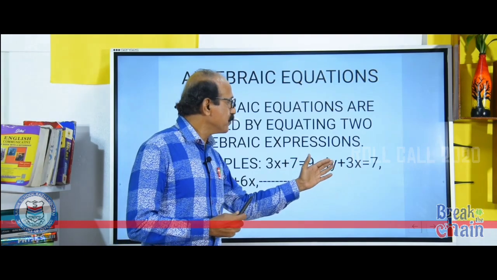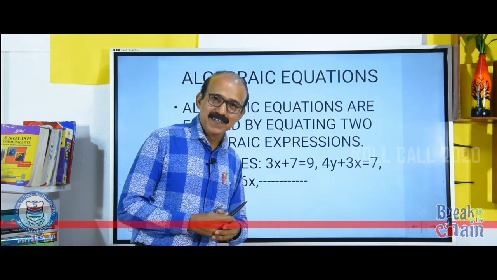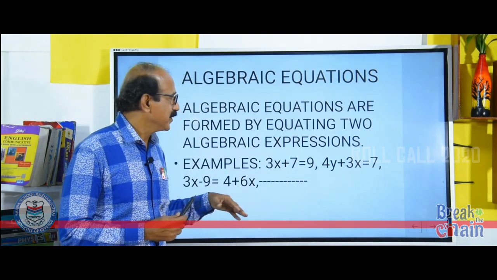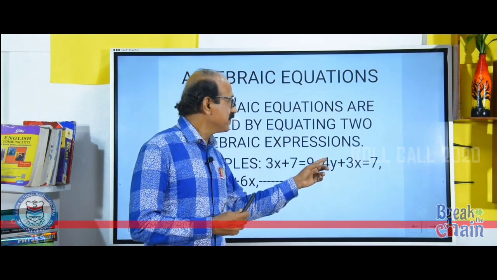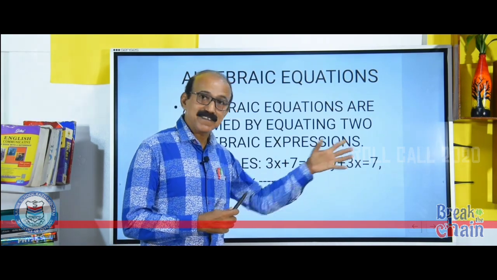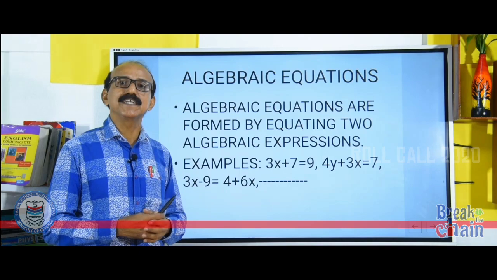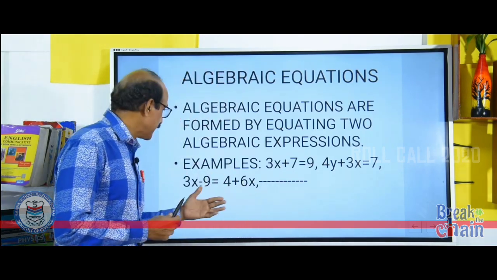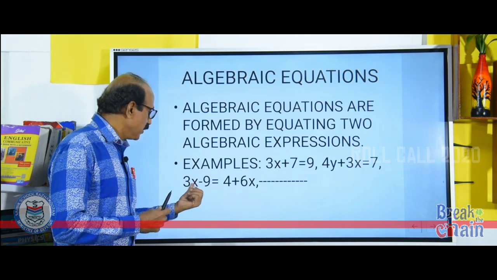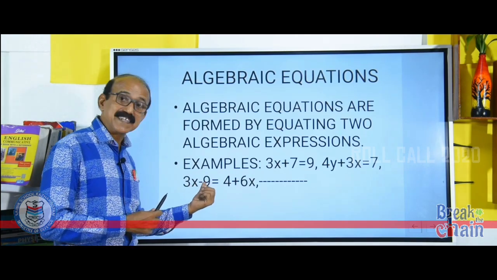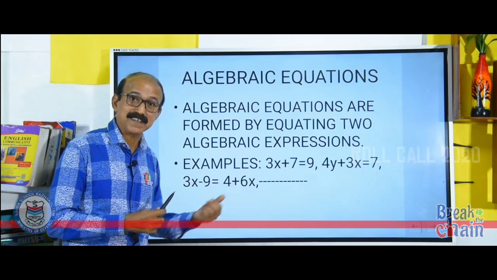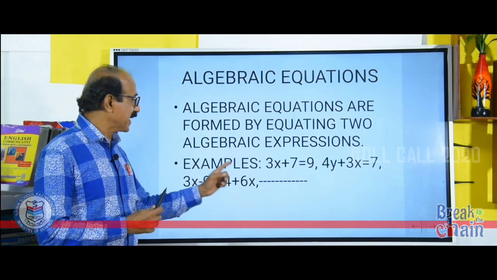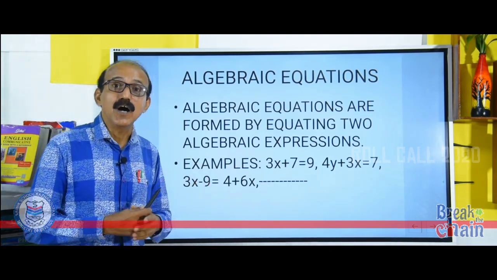Or 4y plus 3x equal to 7. Here we have two variables x and y. The constants involved are 4, 3 and 7. Here also we have equated the algebraic expression with a constant. It need not be the same all the time. See this example, 3x minus 9 is equal to 4 plus 6x. Here on the left side and the right side both, we have algebraic expressions.